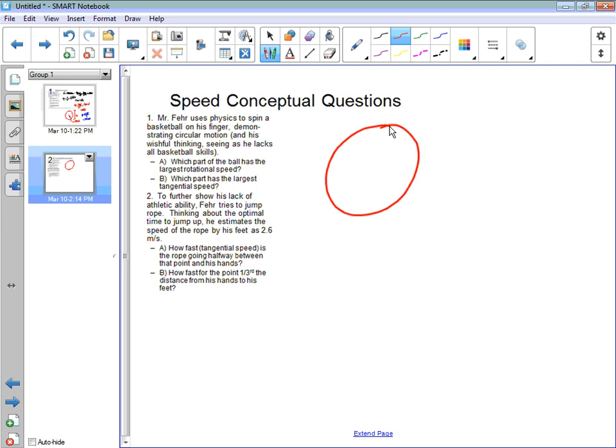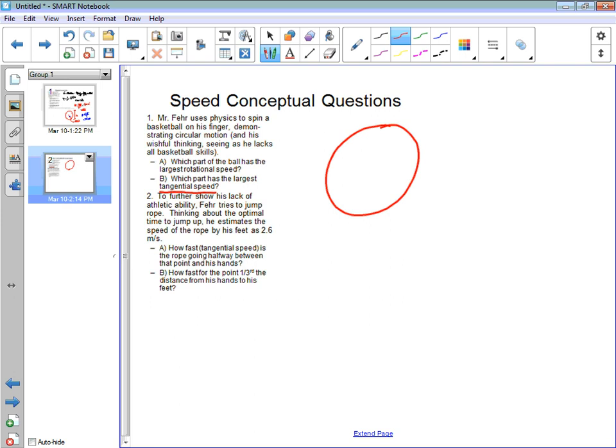It doesn't look like much of a ball, but that's okay. We just imagine this is an overhead view of the ball. Rotational speed is not going to vary at all. Rotational speed is the same throughout. But when we say the tangential speed, actually, let's not make this an overhead view.